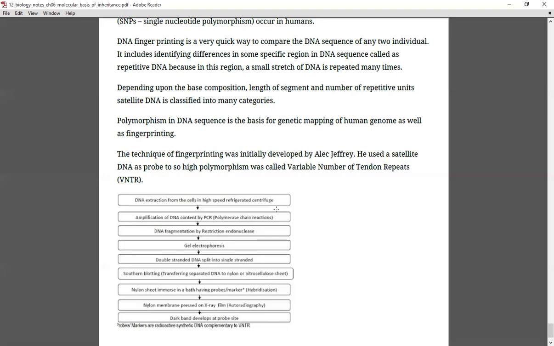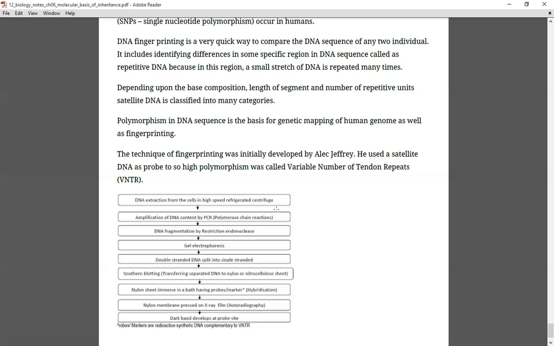Then they did Southern blotting, that is, the transfer of the separated DNA to the nitrocellulose or nylon sheet. After that, this sheet was introduced to a medium containing the probes or markers. These probes have sequences which bind to the complementary sequences in the DNA, right? Upon hybridization, the sequences in the VNTR bind to the probe.